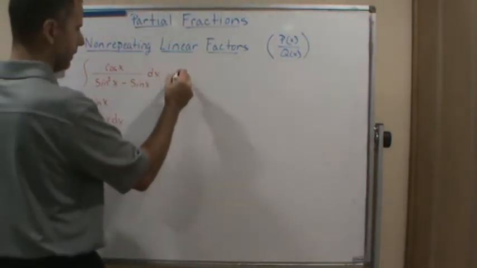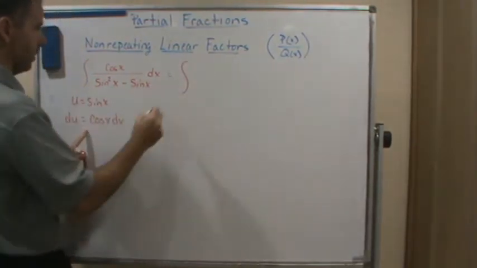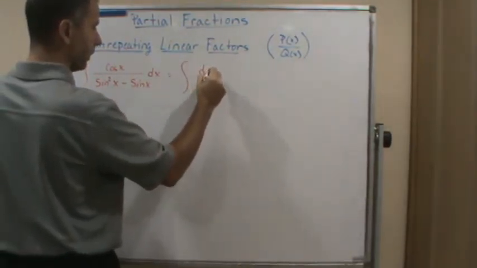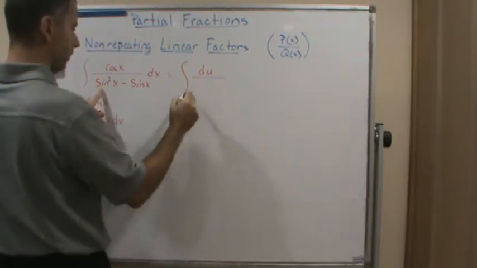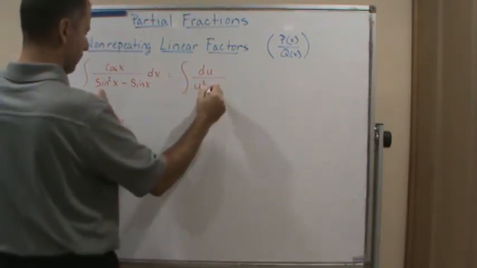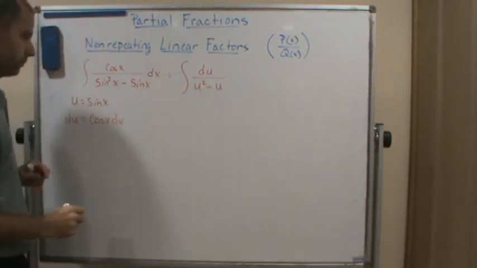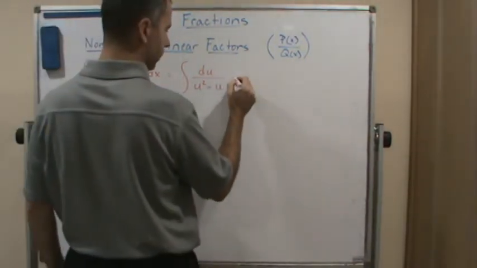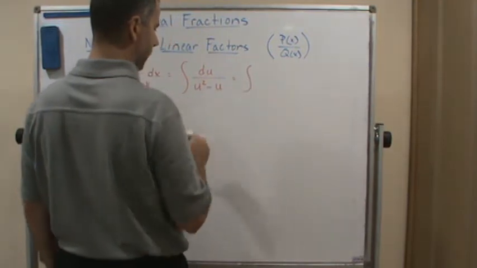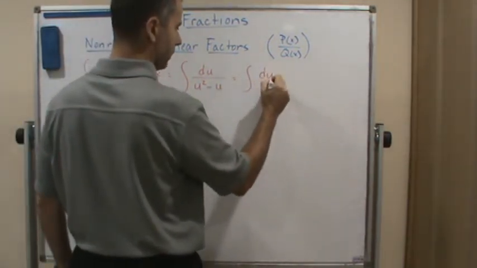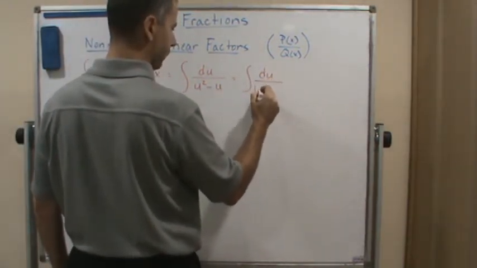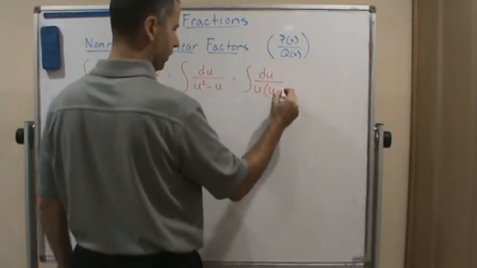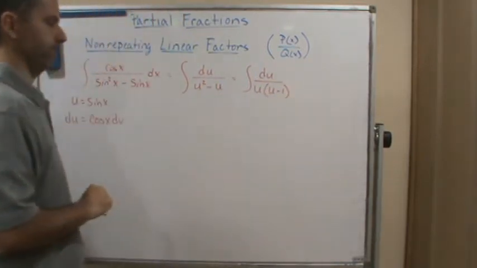And so we're going to write this as du over u squared minus u. And so now this equals du over u times u minus 1.